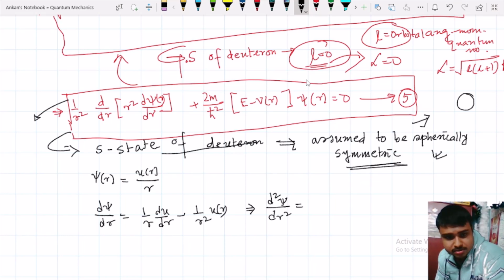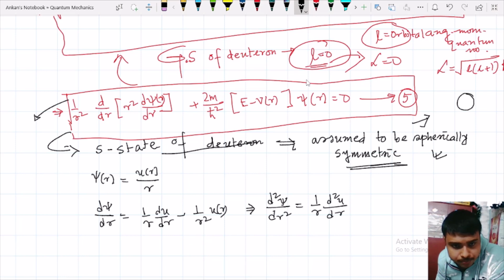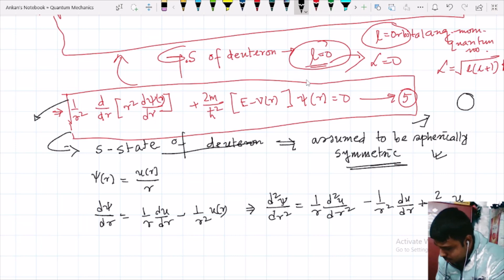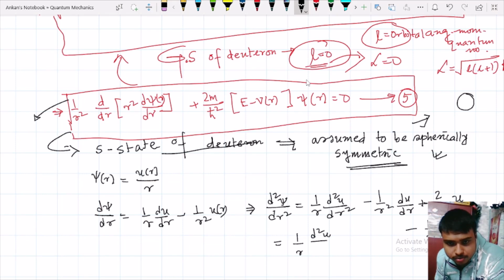So 1 by r d2u dr2 minus 1 by r square du dr, minus 1 by r square du dr, so 1 by r d2u dr2 minus 2 by r square du dr plus 2 by r cube u.